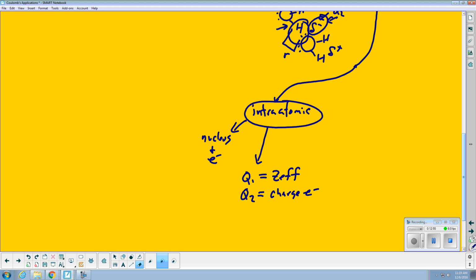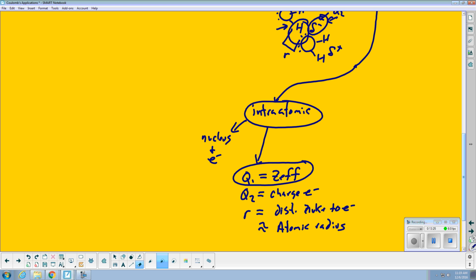And then my R is going to be the distance from the nucleus to the electron, right? And if we're talking about my valence electron, what is that? The distance from the nucleus to the valence electron is what? My atomic radius. Good.